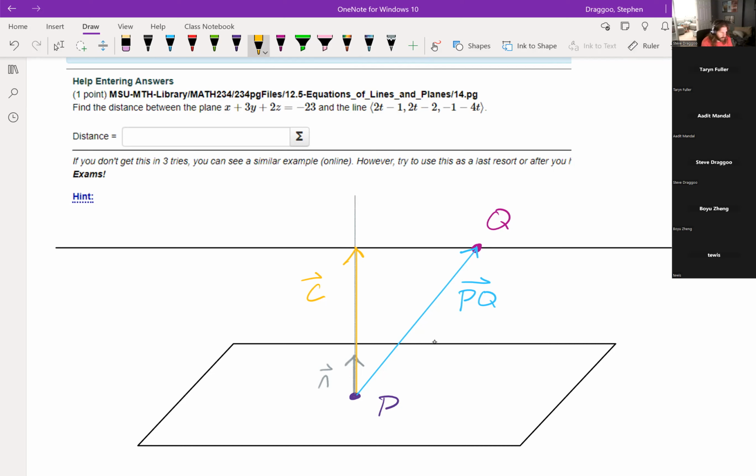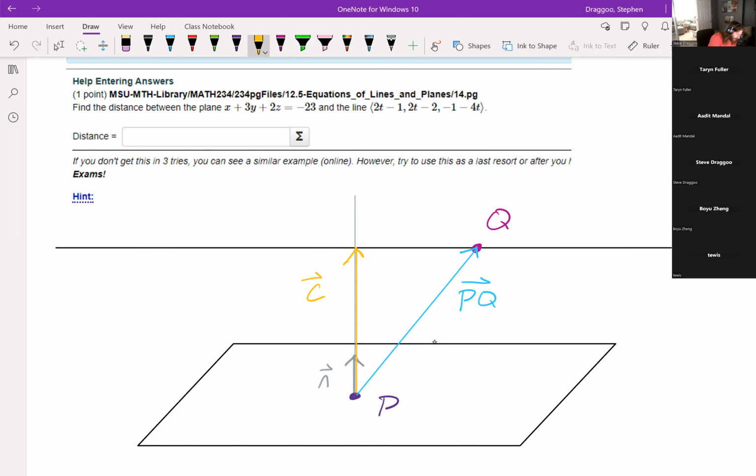If I look at the projection of PQ onto the normal vector, it should give me C, which is the thing that we're going to want to have. So what that then requires is finding those 2 points, P and Q, as well as a normal vector for our plane. So we've got a thought process here. So let's put it together.